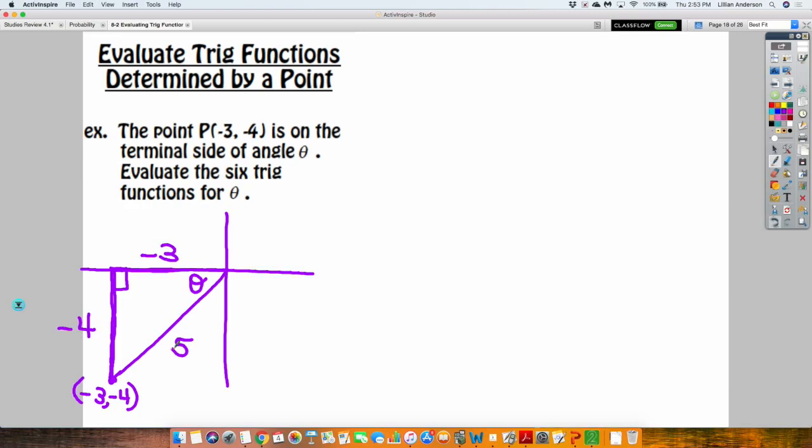And now that I have that, I can find each one of my 6 trig functions. I can find sine theta, cosine theta, tangent theta, and so on and so forth.